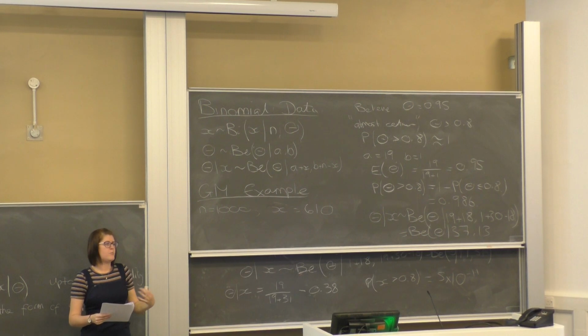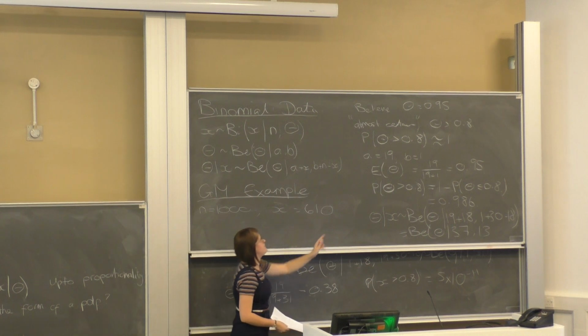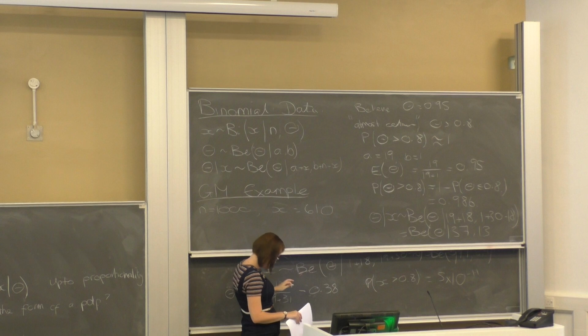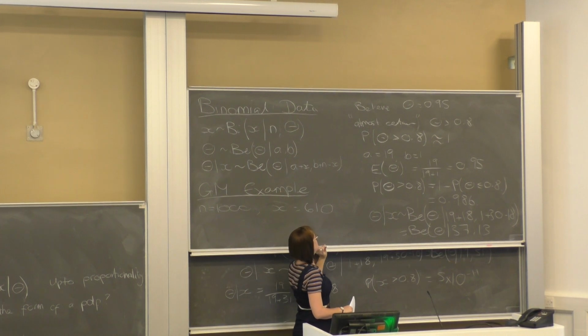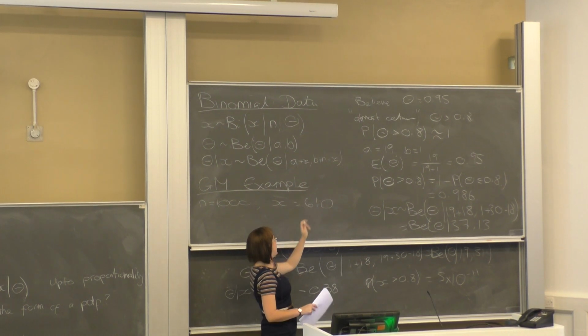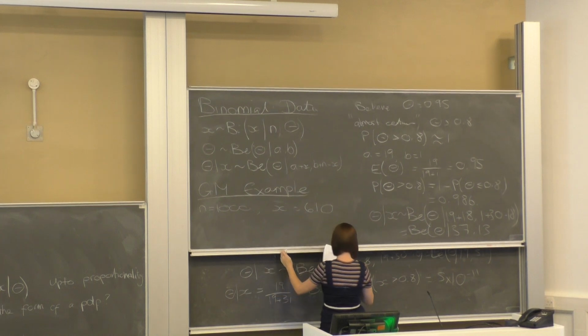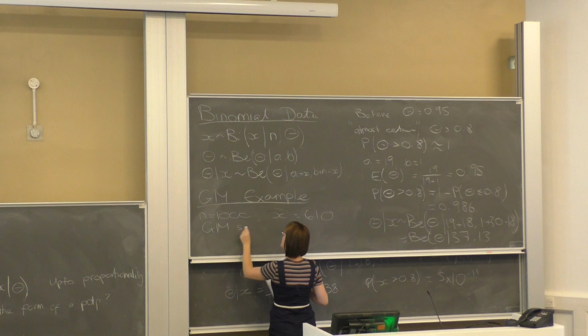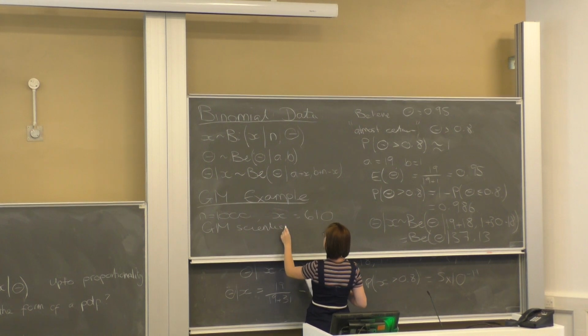Then our posterior changes because we still have our same priors for our GM company and our activist, but our posterior is based on this n and x, and we end up with, you can put these numbers in yourself.